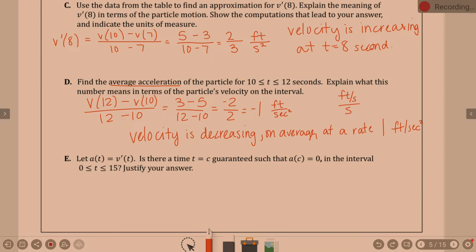So, first of all, we do need to mention the continuous part again. So I'm going to say because v of t is differentiable, then v of t is continuous.